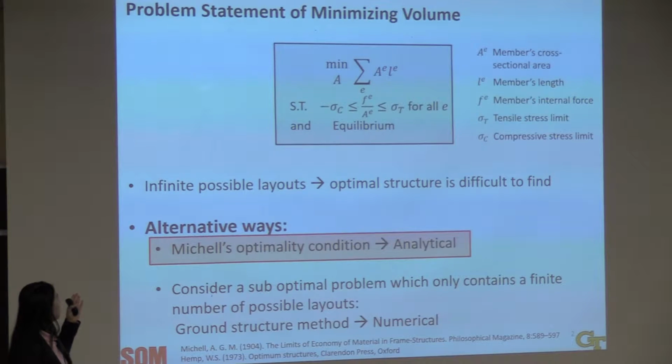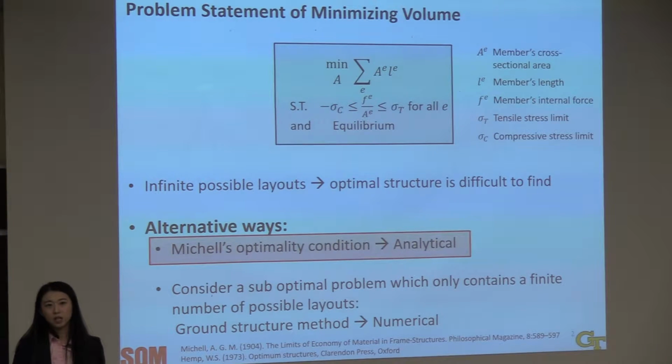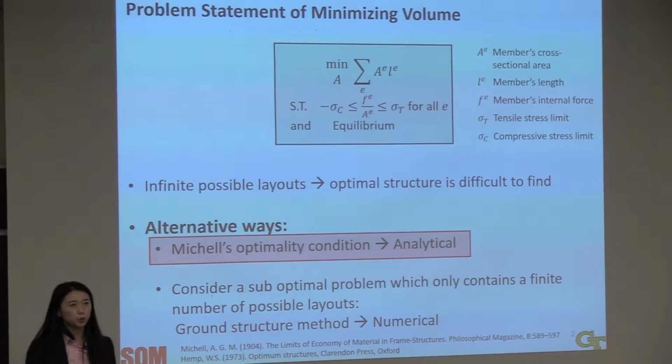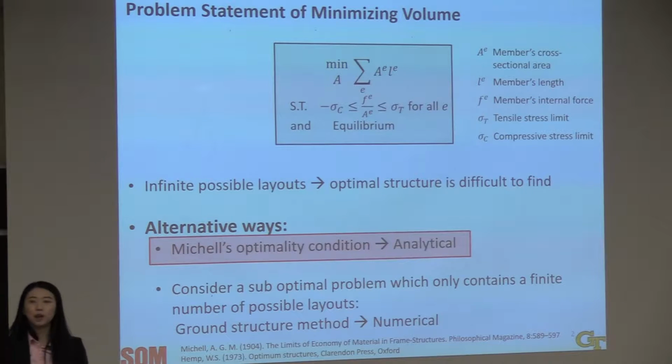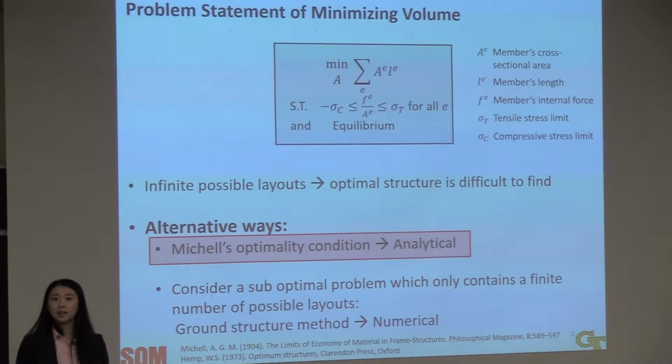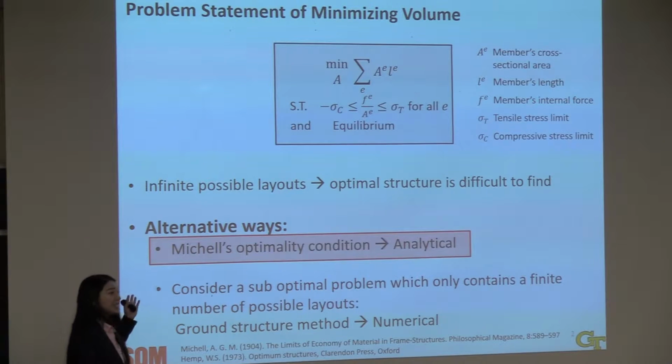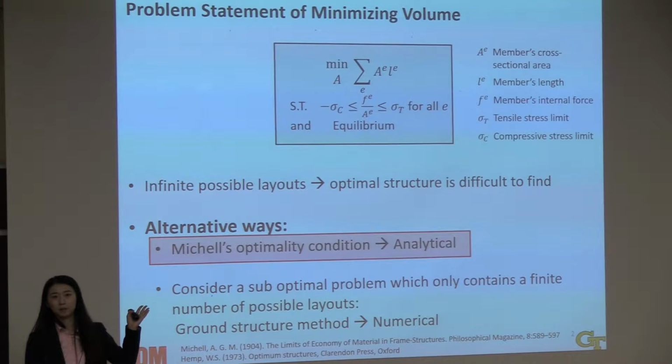But for this mathematical problem, because there are so many layouts, the solution space is infinite, so it's very hard to solve. In general, there are two ways to obtain the optimal structure. One way is an analytical way, which is Michell's optimality condition.